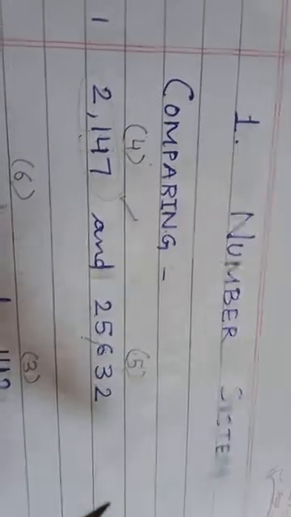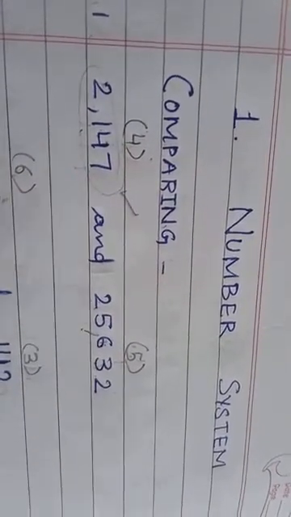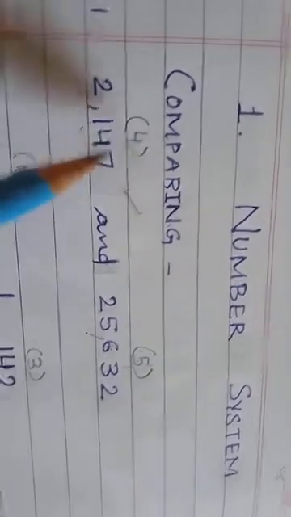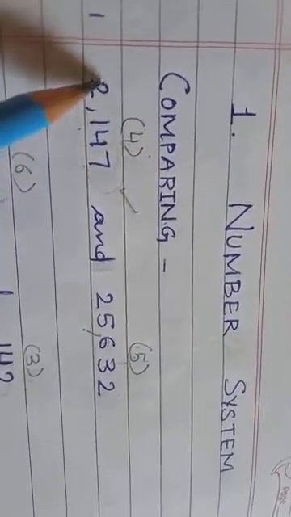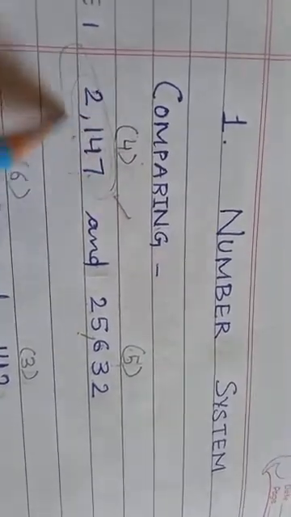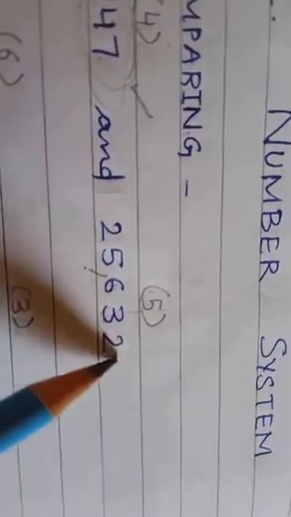Those who don't know the difference between digit and number, for them I would like to dedicate a few seconds of video. When I say 2147, I am talking about this number. When I say 25,632, I am talking about this number.